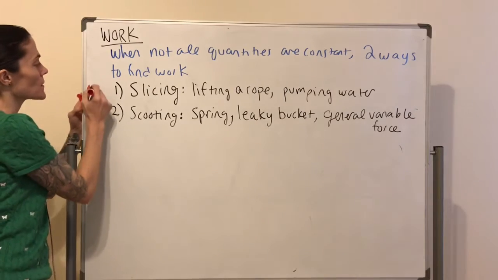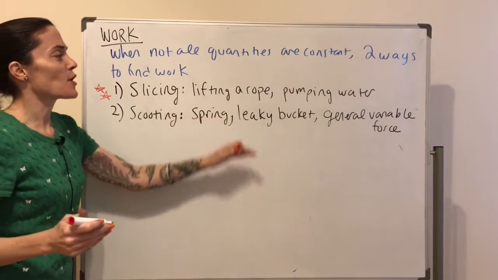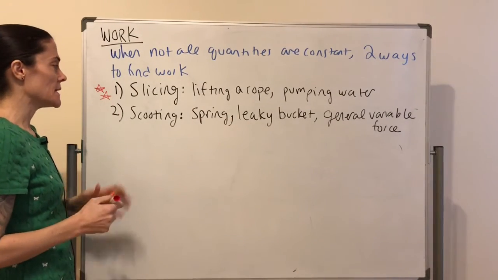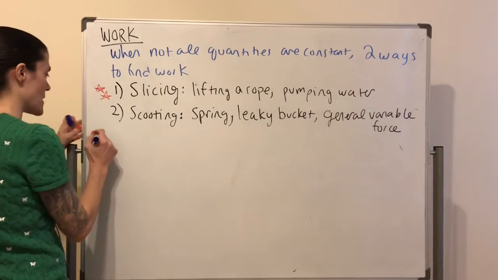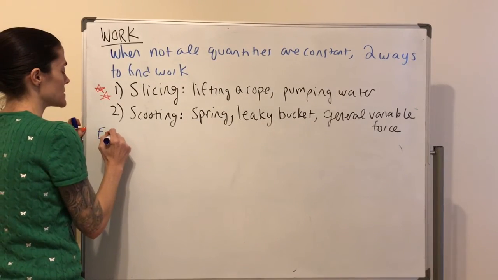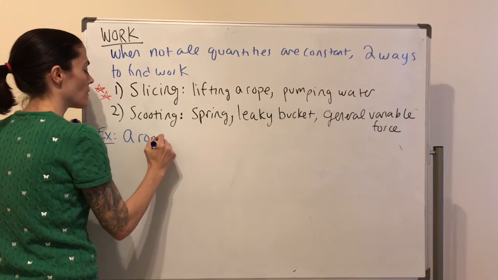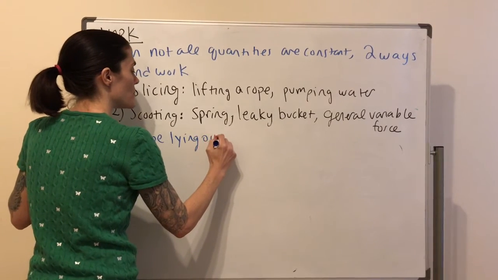So let's start with slicing. We will do lifting a rope. We'll do a few examples of pumping water because it's a little bit more intricate. And then we will move on and do some scooting. Okay, so let's do our first example. We have a rope and it lies over a very tall building.